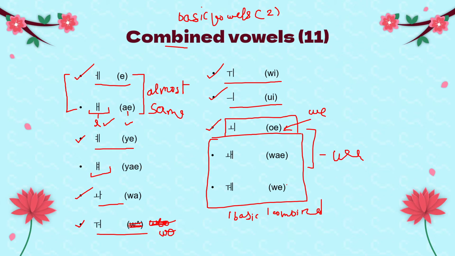There's a little difference between this sound and this sound. This is way and this one is way. The difference is in the lip movement. When you pronounce this, you do not have a flat mouth.